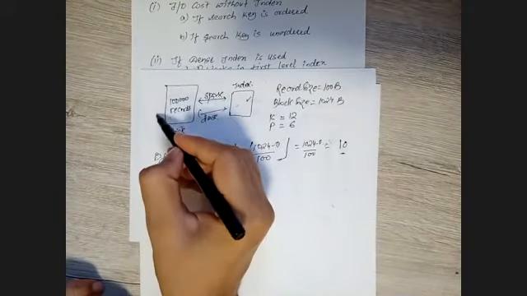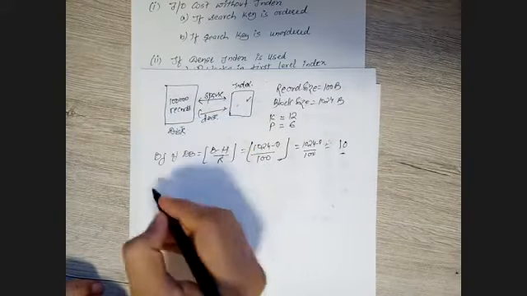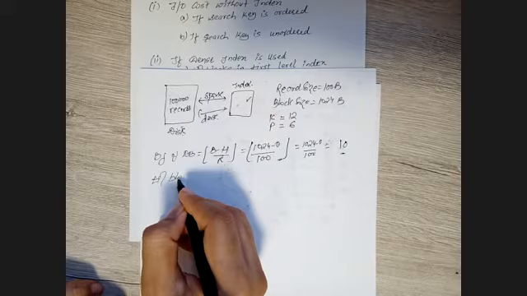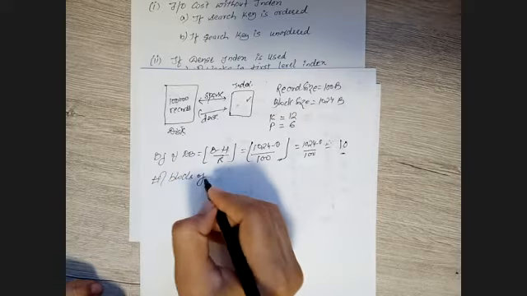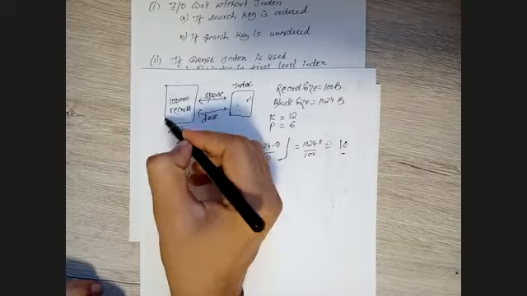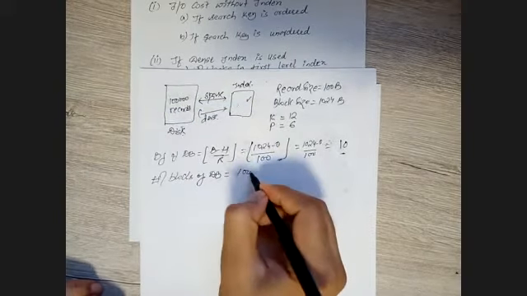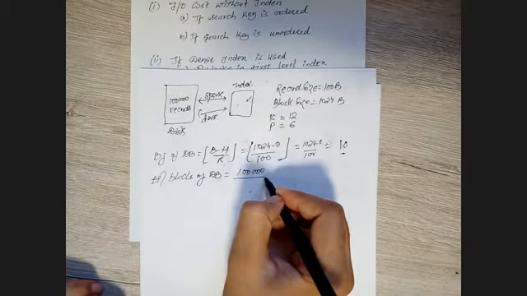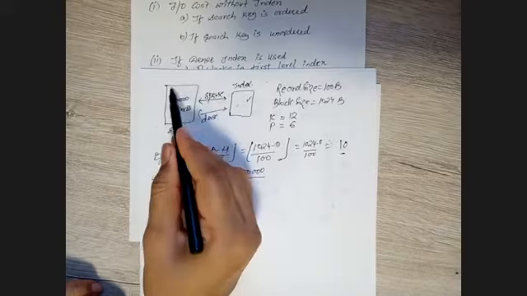But how many blocks are there? That is the number of blocks of your database. How many total records? Basic mathematics: 1 lakh divided by how many records are there in one block.